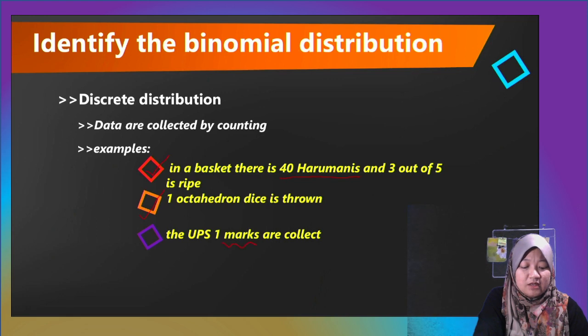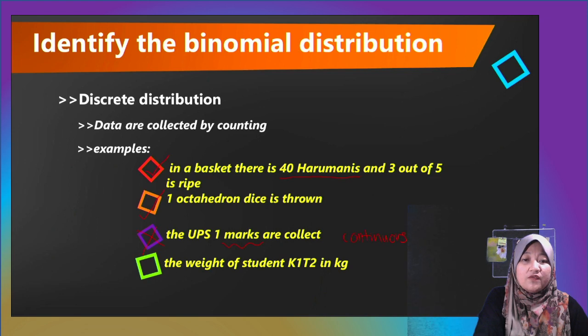Marks is in the category of continuous. Okay, this one is not a discrete distribution. Next example is the weight of student K1 T2 in kilogram. Weight is in an interval, so this one is not a discrete distribution.